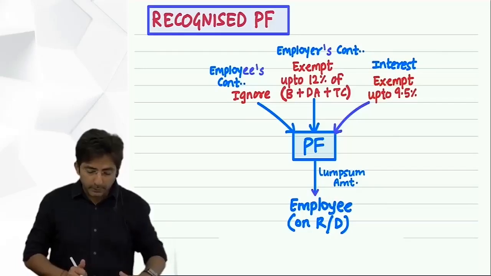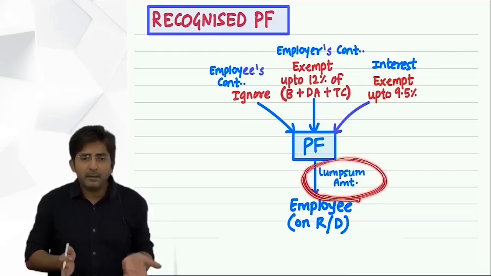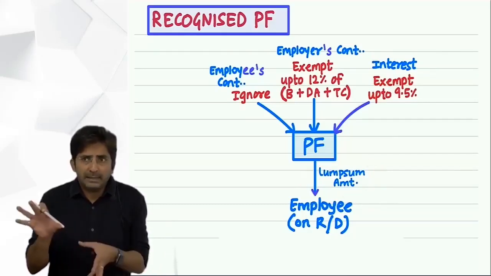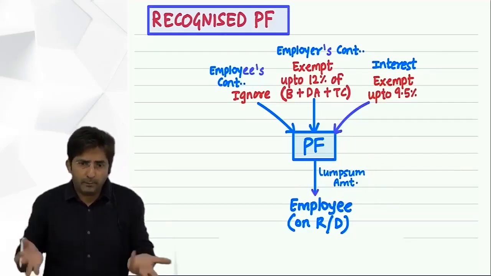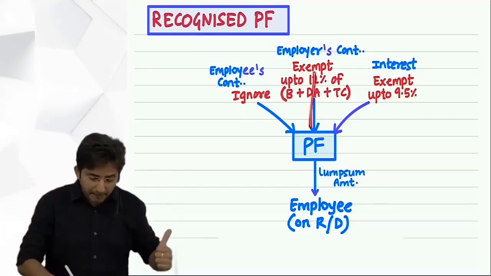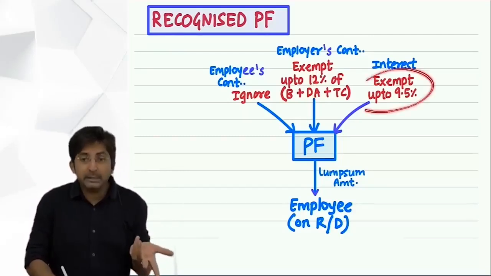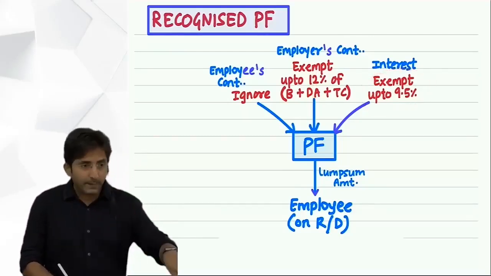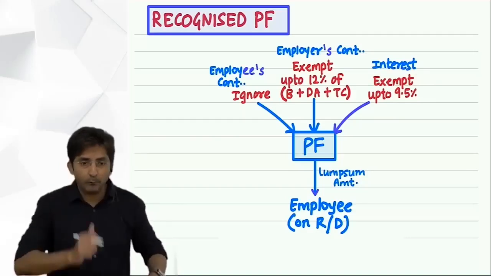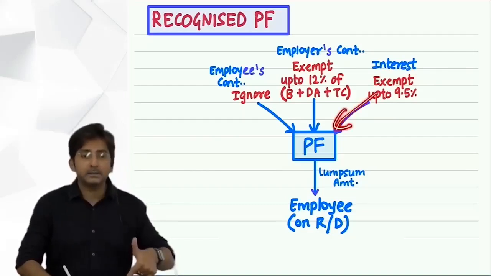Many students have told me, sir, even this should become partly exempt. Why partly? Whatever partly taxable treatment the government wanted to apply, they have already done during the service. So that's what I said, if interest was 10%, 9.5 was exempt, the balance 0.5% was taxable, and that was taxable on a yearly basis.